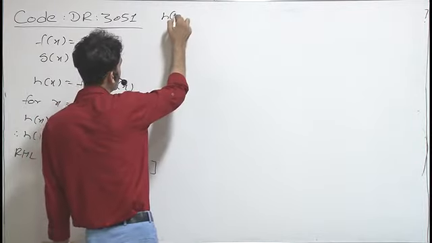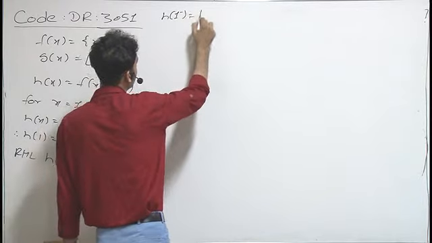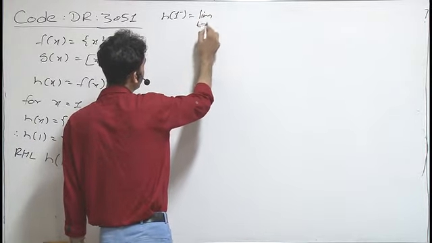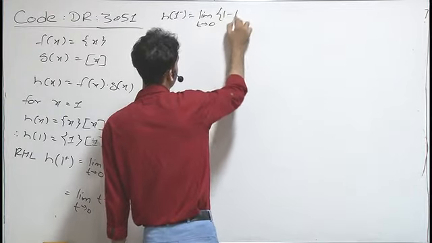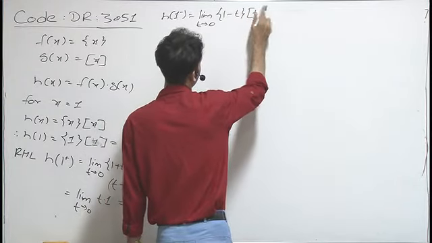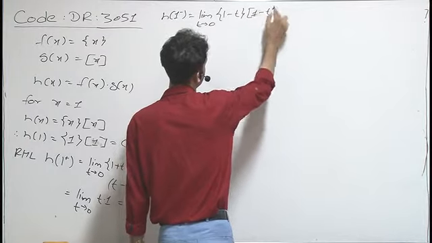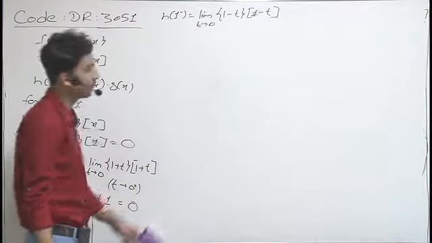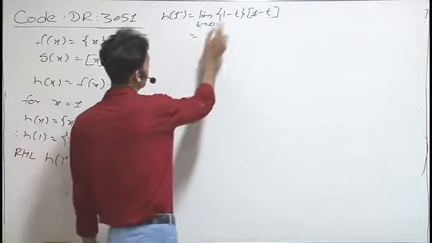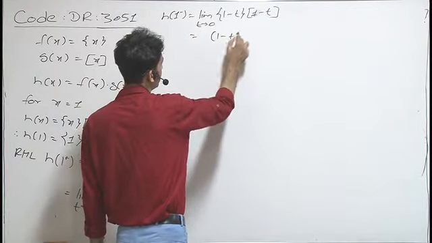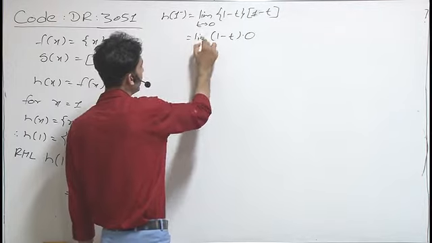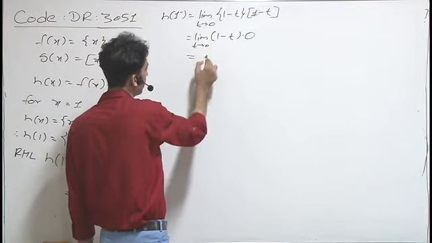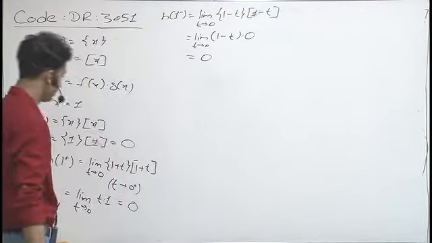Now we'll go for the left hand limit. Limit t tending to 0 of the fractional part of 1 minus t, and the box of 1 minus t. Again, t is a very small positive number. So this gives us 1 minus t and this gives us 0. For limit t tending to 0, it gives us result 0.